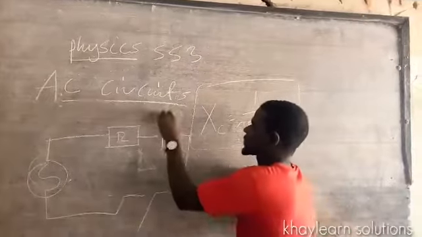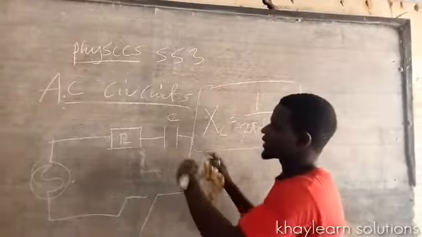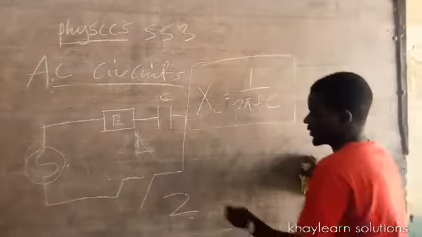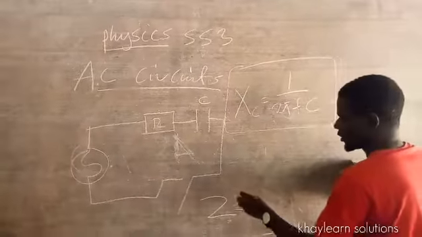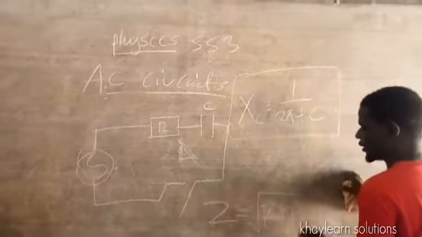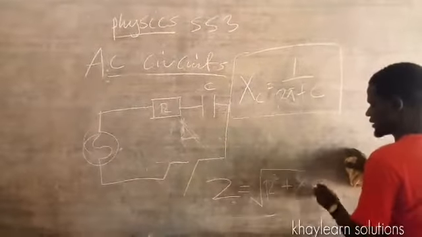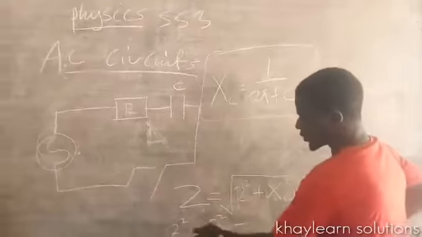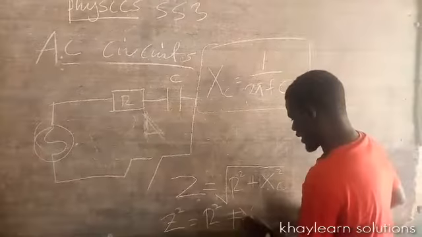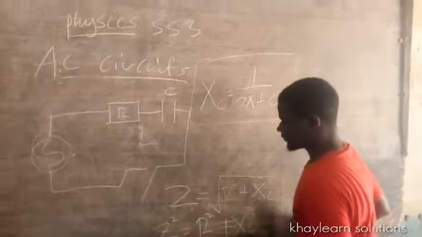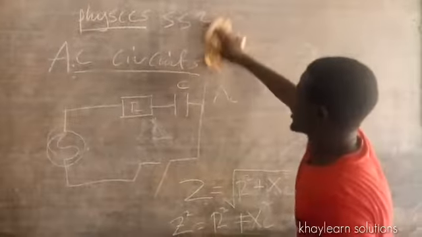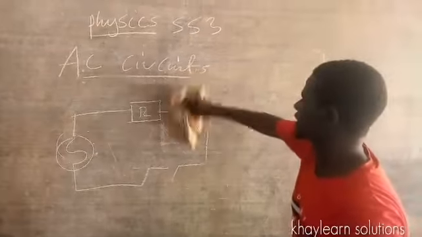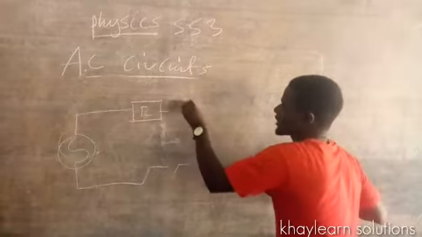The total opposition here, Z, which is called the total impedance, will be equal to the root of R square plus XC square. Do you see how it is? Also, Z square equals R square plus XC square. So when an inductor is connected to the circuit instead of a capacitor, it's going to have an effect like this.